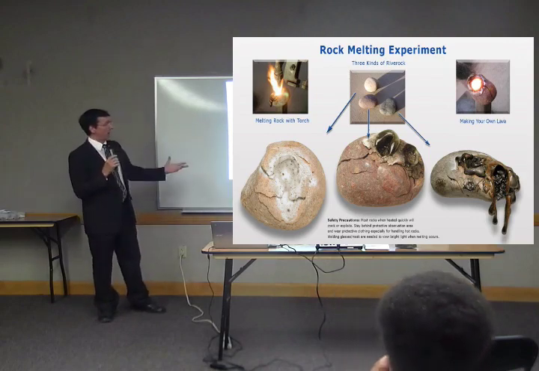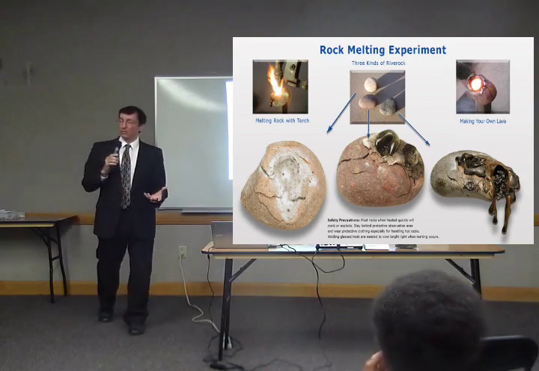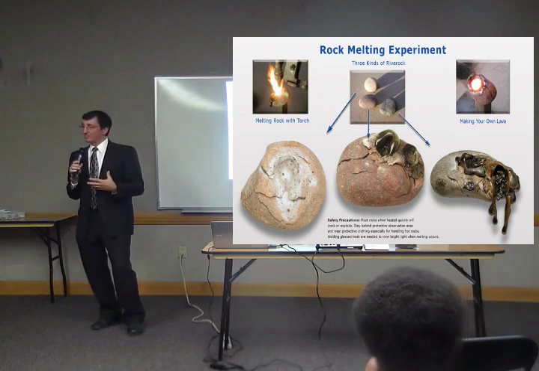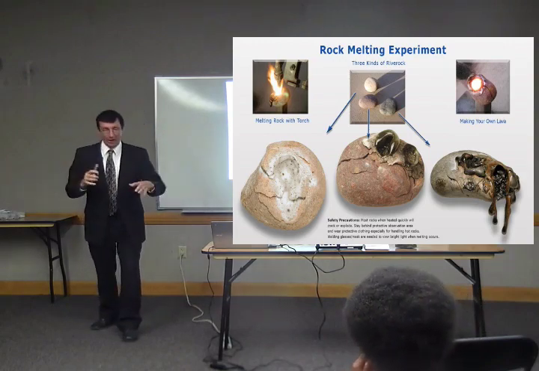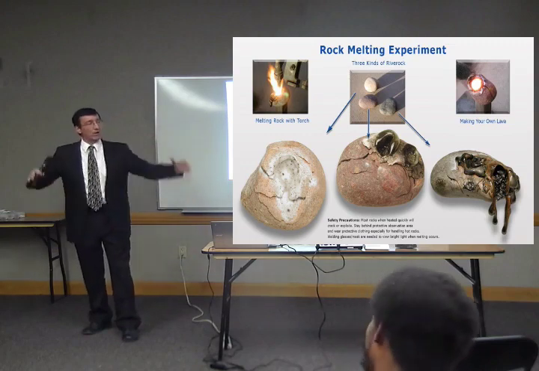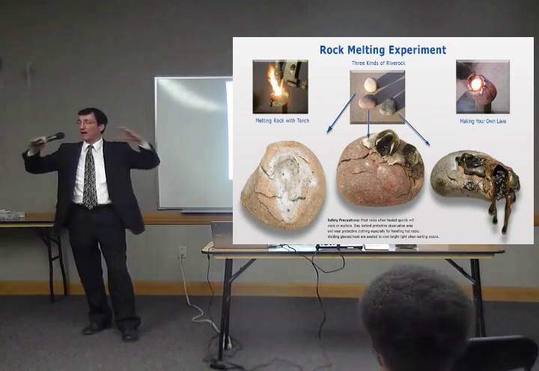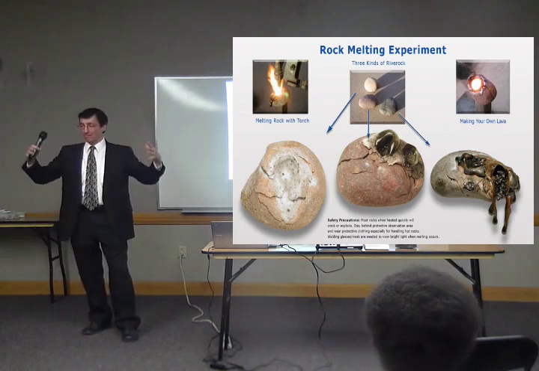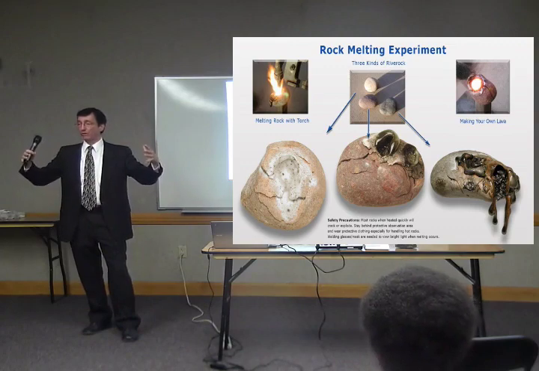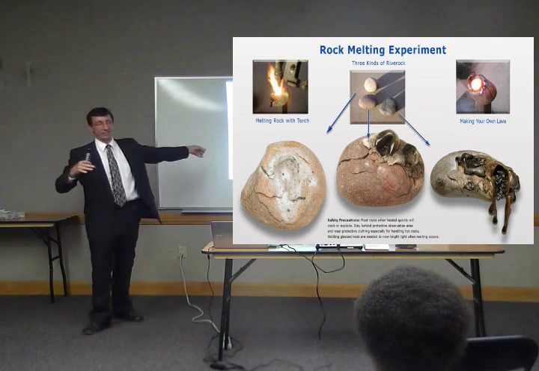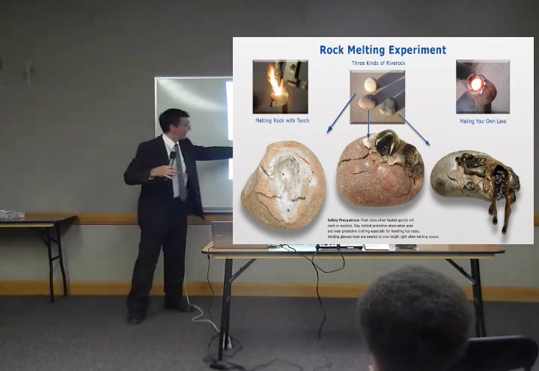And that's what happens after you melt them. And so we're saying, well, if this all came from a melt, right, if the entire Earth, that's our real question, is if the entire Earth at one time was a big ball of magma, a big ball of molten rock, then we wouldn't have rocks like this. They would all look glassy.